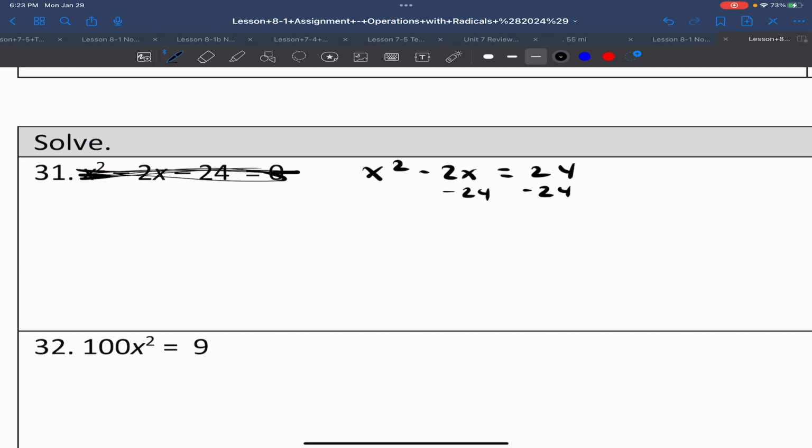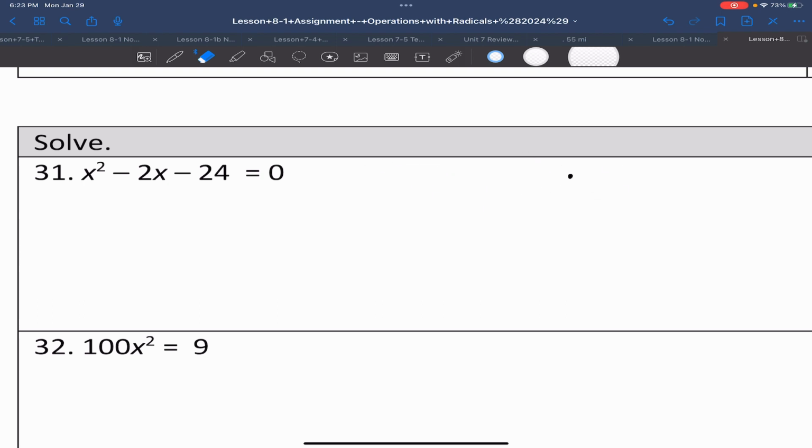And when you do so, you get x squared minus 2x minus 24. Okay? So this is what you're supposed to get as a result. Then you're going to go ahead and figure out what goes up top and what goes on the bottom.